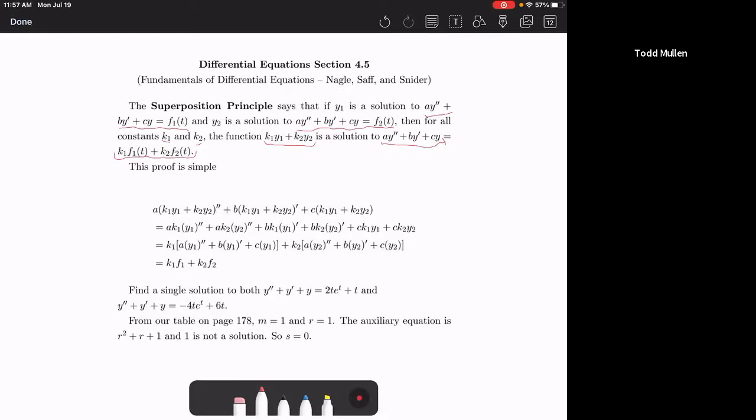This will make a bit more sense when we start to use it, but we'll first go over the proof. It's simple enough. If you plug in k1 y1 plus k2 y2 for y into the left side of this equation, well, you can take out these constants when you actually take the derivatives.